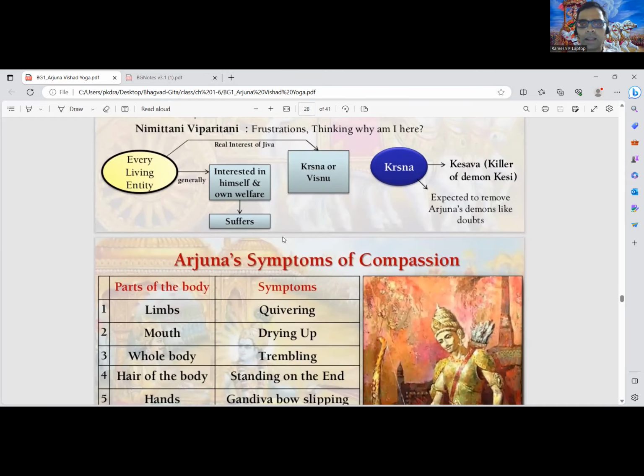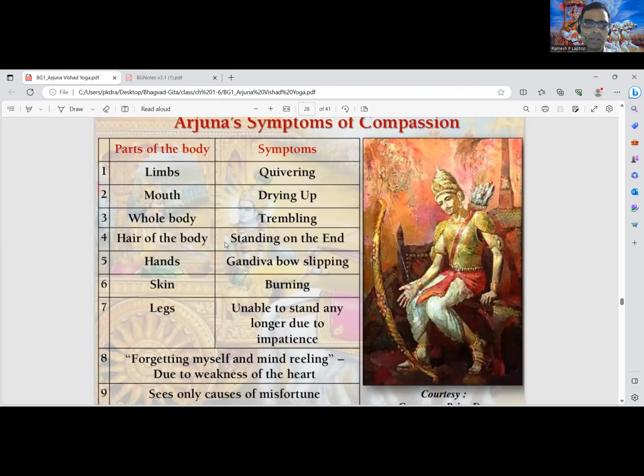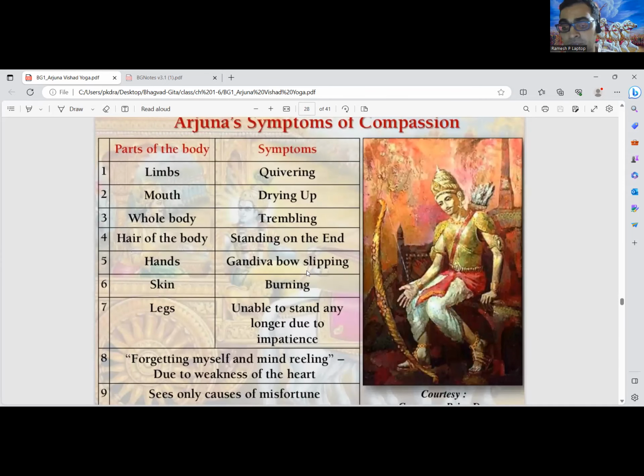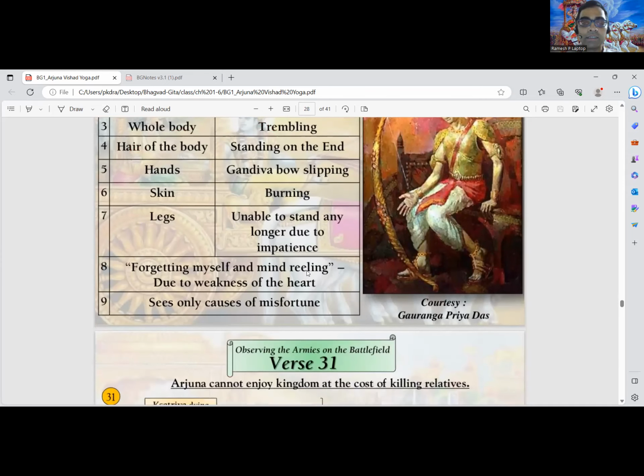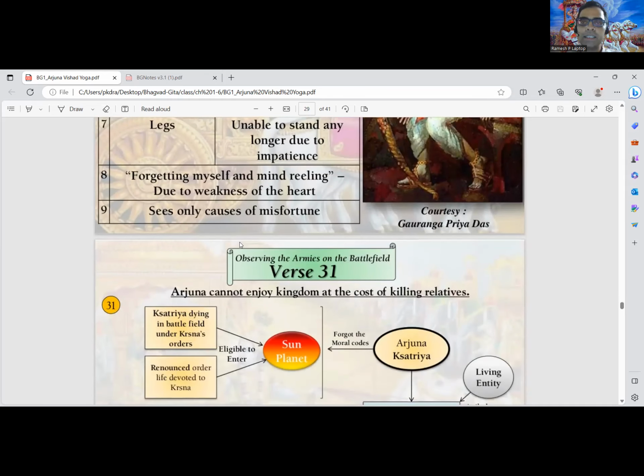And these are all the symptoms of compassion: limbs quivering, mouth drying up, the whole body, all in the form of the material platform, and then he sees only misfortune with the fight. And then he actually describes further.